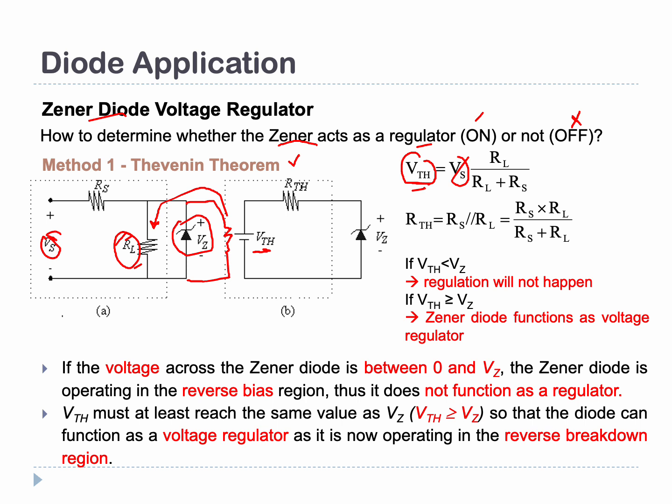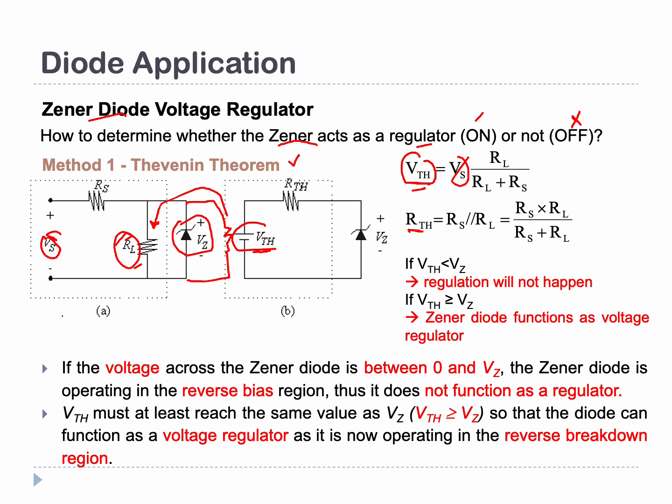So in this case, we have a new value of voltage, which is called V Thevenin, and a new resistance value. RS and RL here are in parallel, so we can calculate the value of the parallel of RS and RL. It is going to be R Thevenin, the Thevenin resistance value.